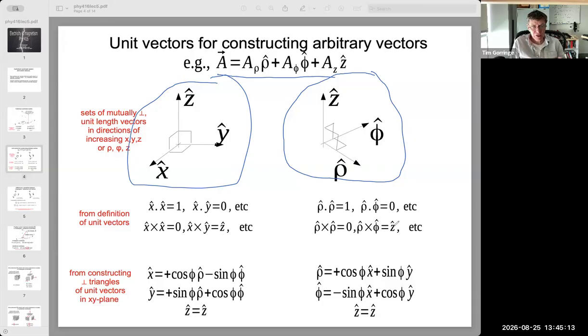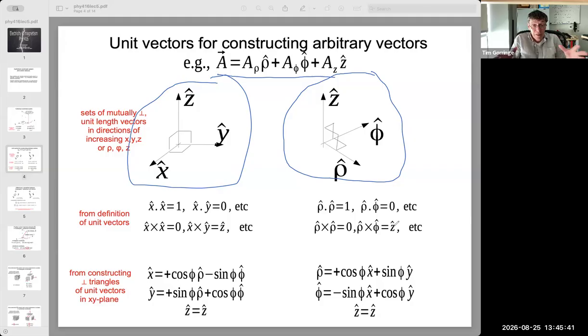No matter where you walk in space, the x, y, and z unit vectors always point in the same direction. They're always fixed in the same direction. So they don't change. When you walk around in space, the rho, phi, and z unit vectors, in general, rotate. They turn as you walk around in space. They're not in a fixed direction.